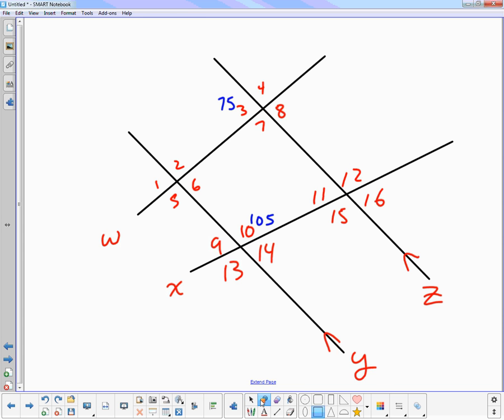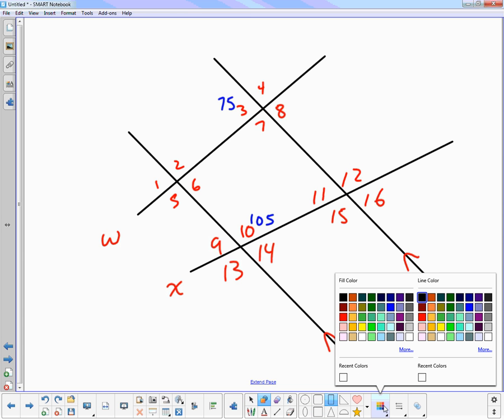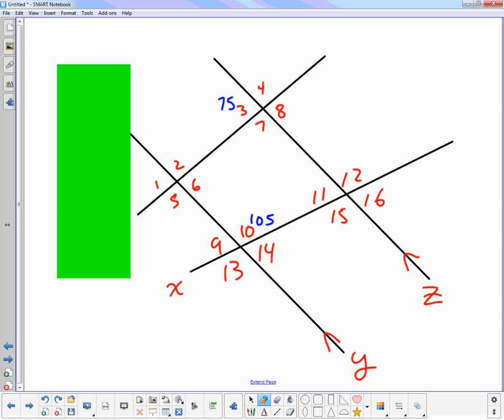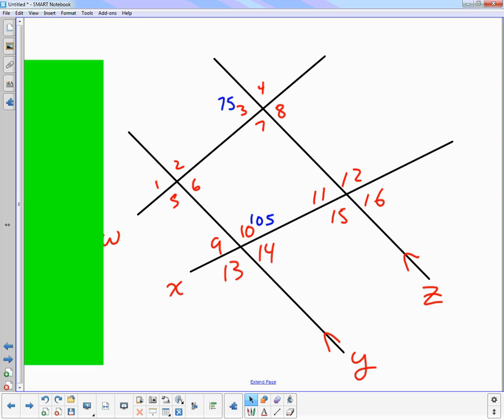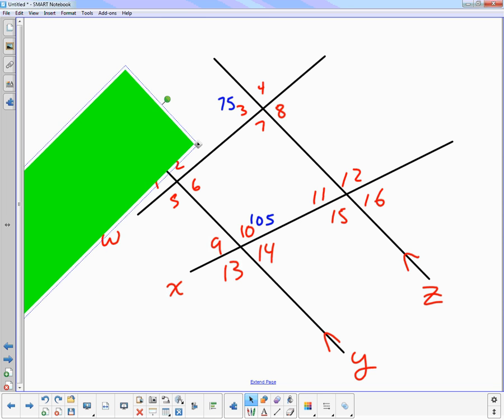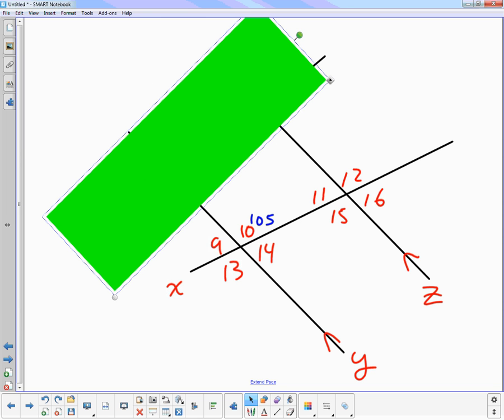because you have parallel lines, let me tell you, you see, the Y and the Z are parallel, which means, and W and X are not. So you can't talk about W and X together.